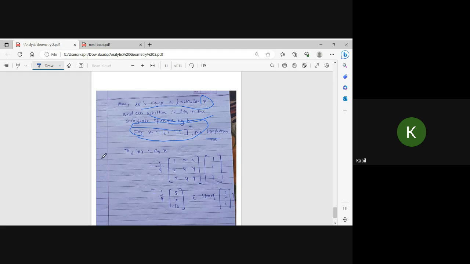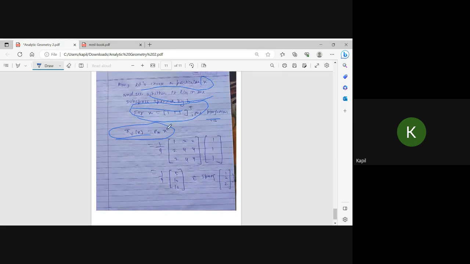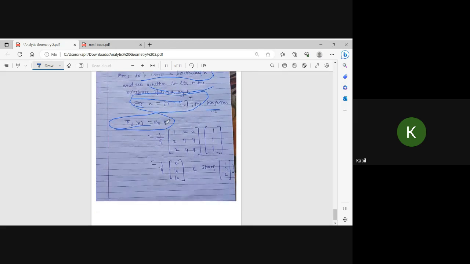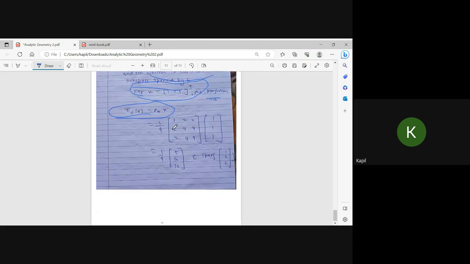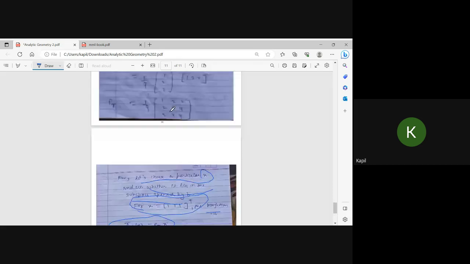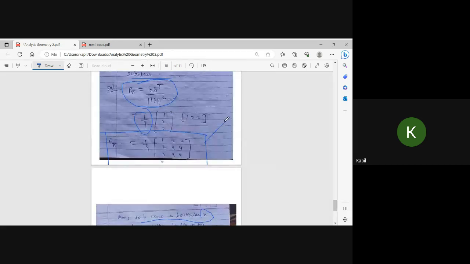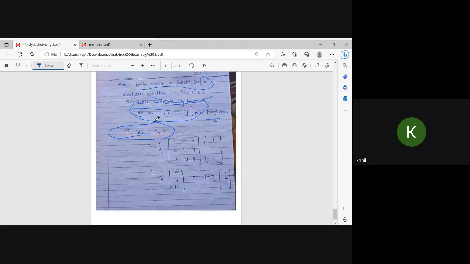The projection p pi u x, from the definition of the projection, is the projection matrix times the vector x. So 1 upon 9, this is the projection matrix we found, p pi, into x, that is 1 1 1 transpose, and we get the result 5 10 10. If we take 5 common, it comes out to be 1 2 2.